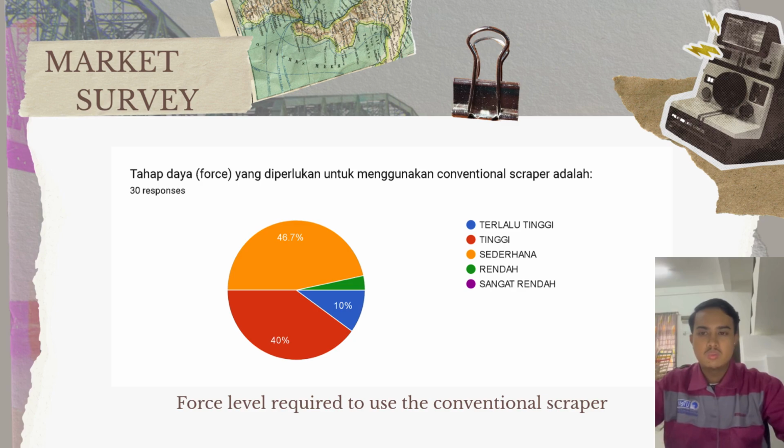Only a small proportion, 3.3%, considered the required force to be low, and none rate it as very low. Overall, this suggests that a considerable number of users perceive the scraper as requiring a relatively high level of force, which may contribute to physical discomfort during use.